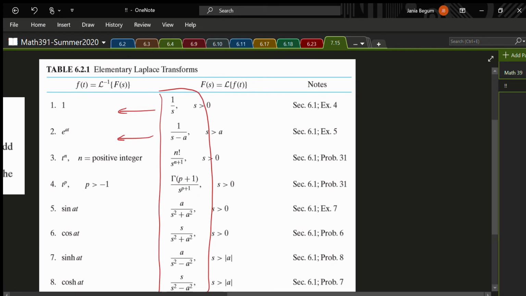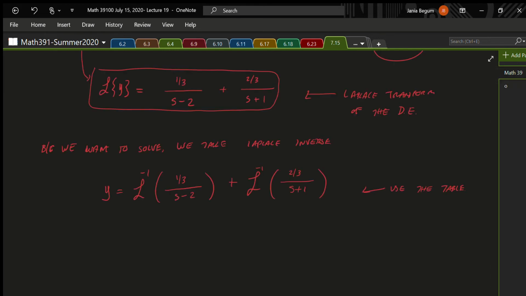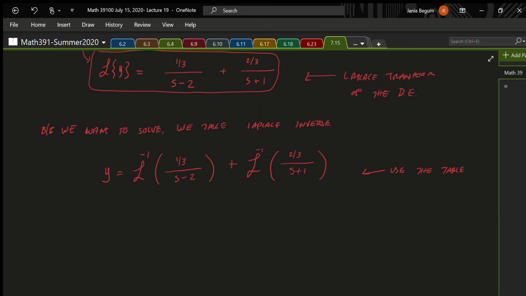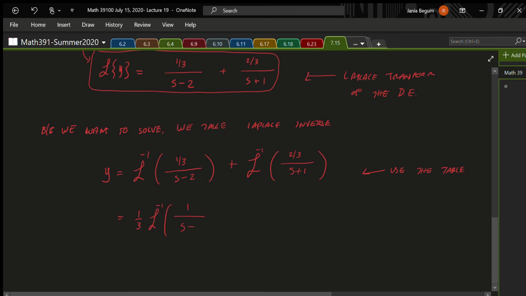Right, so this should be the one we're looking at because that's what we have: 1 over s minus a. So all I have to do is write it as 1 over s minus a. So I'm going to pull out the constants. So we have 1/3 times the Laplace inverse of 1 over s minus 2. So a is 2 in this case.